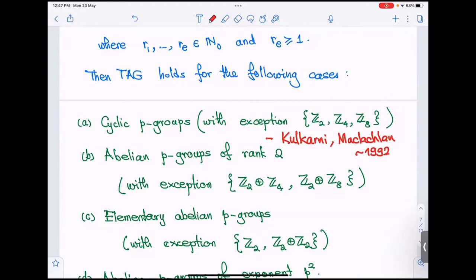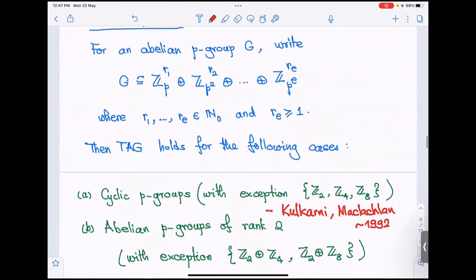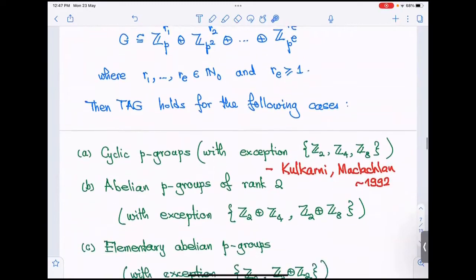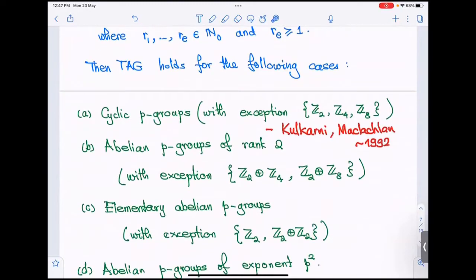And the second evidence of this was abelian P groups of rank 2. By the word rank, I mean how many pieces of cyclic groups there are in this decomposition. For example, here the rank is the sum of these powers. Okay. So in the case of rank 2 abelian P groups, with an exception again of Z2 cross Z4 and Z2 cross Z8, the remaining ones all satisfy the abelian P group conjecture.